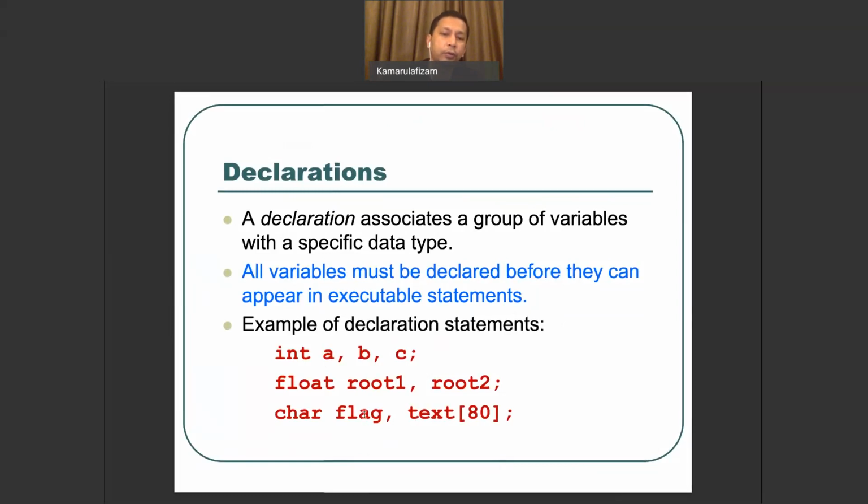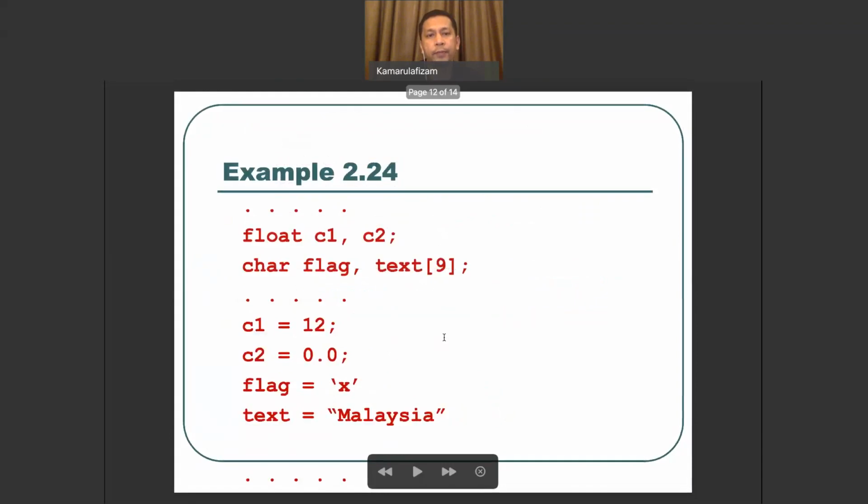Both root1 and root2 are taking the data type of float. You can declare float root1, and on the next line float root2. You can do that as well. But in this case, we gather root1 and root2 and declare them in one line with the data type of float. So this is how you declare variables.